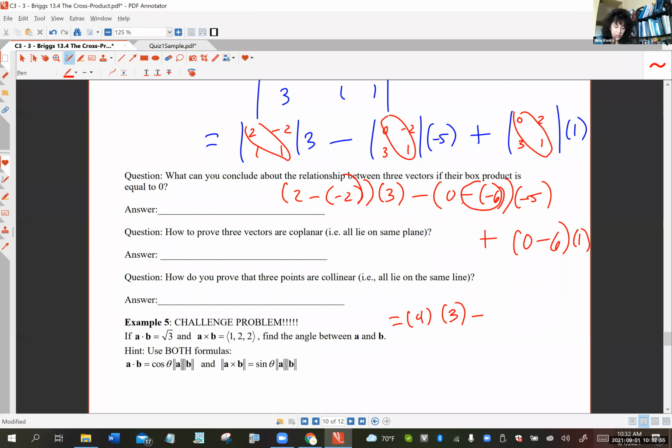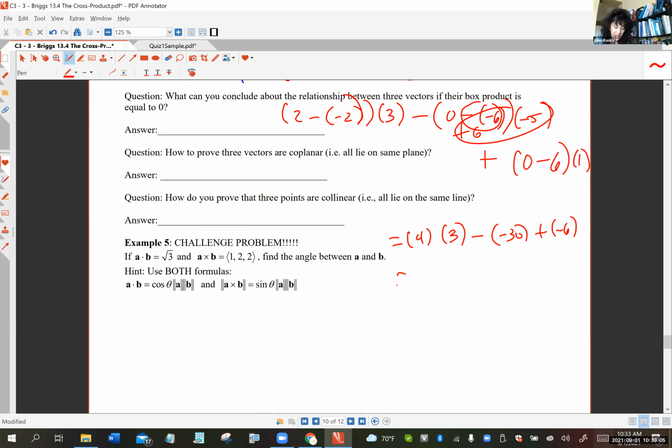Minus this minus 6 is really +6. 6 times -5 is -30. And then plus a -6. But then we have 12 minus a -30, which is really 12 plus 30. And plus a -6 is really -6. I get 36. And it is a volume, so I'm just going to put units cubed. They didn't give me the units, but it is a volume.